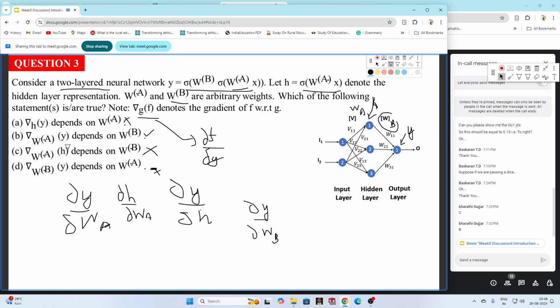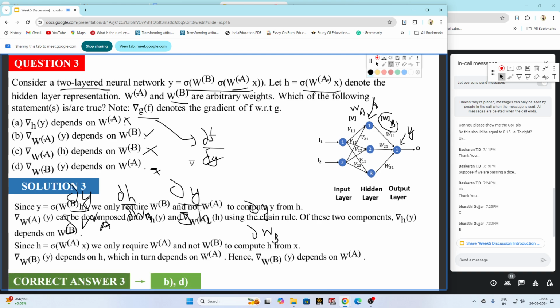Del Y by del WA will definitely depend on WB as well as del H, so this is right. Del H by del WA: in between we don't have WB, so this is incorrect. And last, del Y by del WB: in between we don't have del WA.